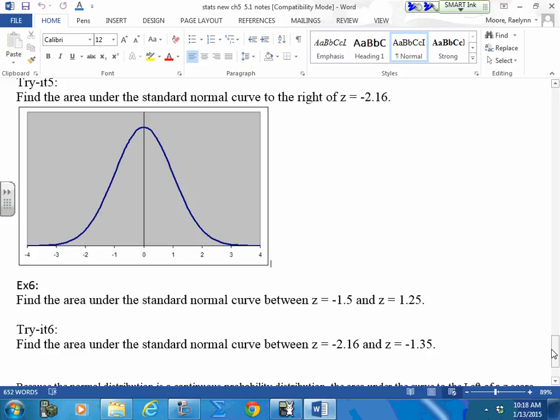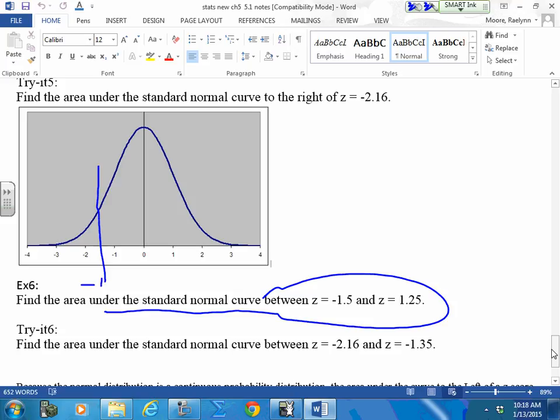Okay, guys, one more. I want you to find me the area between negative 1.5 and 1.25. I want you to find me this area in between.